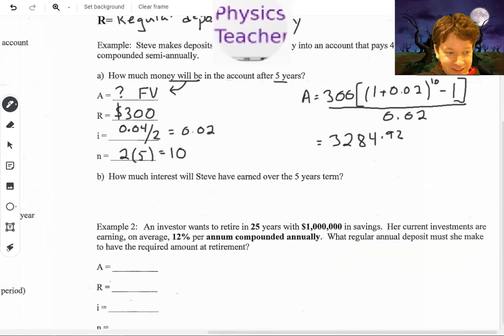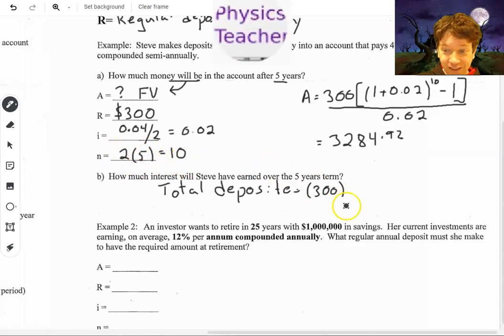But part B says, well, how much interest will Steve have earned? Well, to figure out that, let's first figure out how much Steve has actually deposited. So let's look at total deposit. If we don't count interest, well, Steve deposited $300 twice a year for 5 years.